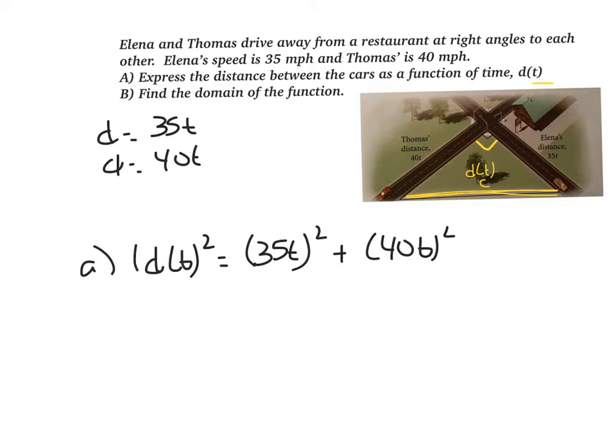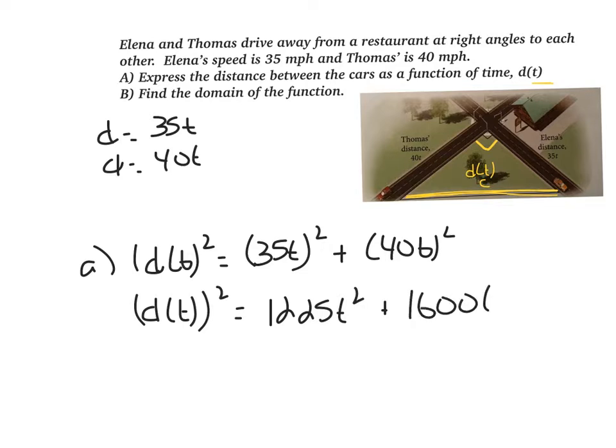On this side over here, I still have my d of t squared. If I square 35t, I'm going to use my calculator real quick for that one. I should know that in my head, but I don't. 35 squared is 1225 t squared. I do know 40 squared is 1600 t squared.